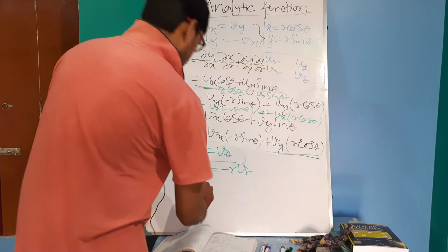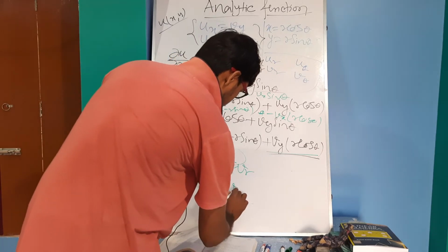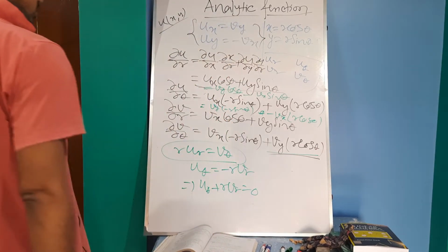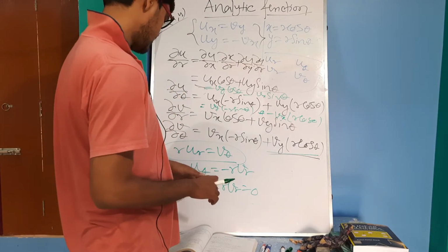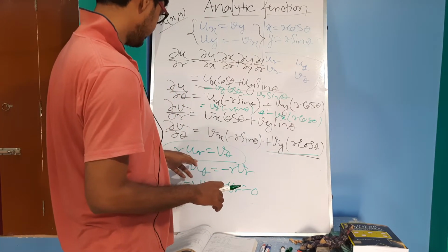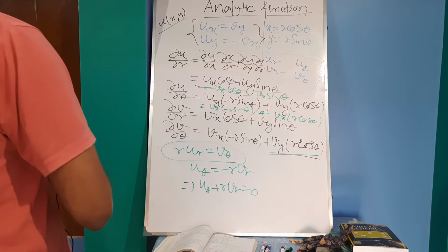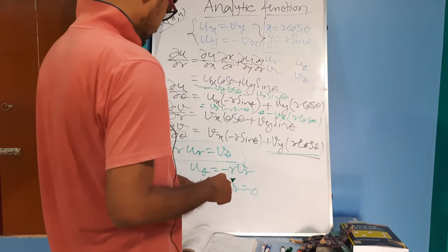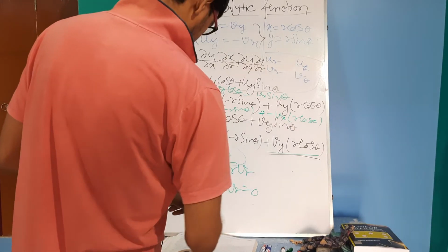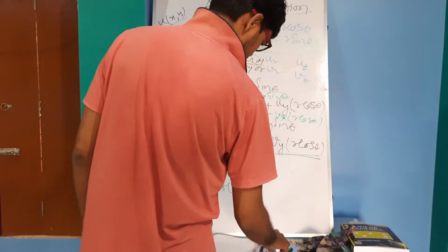So the result is u_theta plus r v_r equals 0. Check this calculation, I think you will find it. So we have the relation between u_r, u_theta and v_r. I think you can check it.